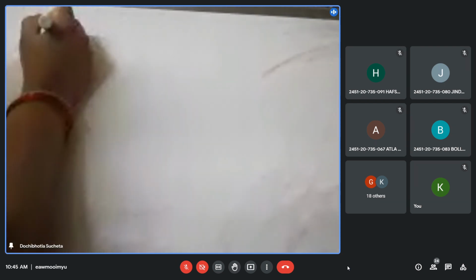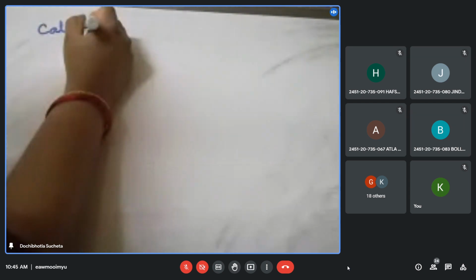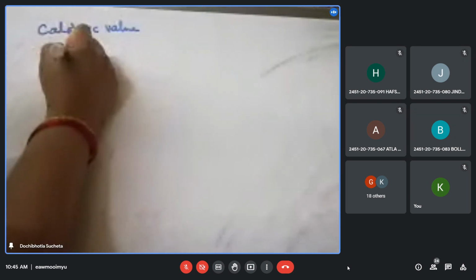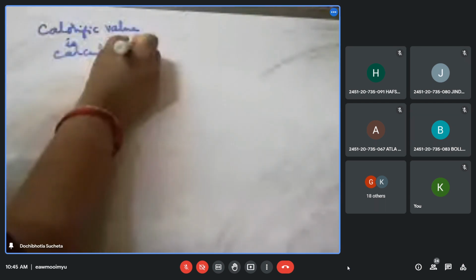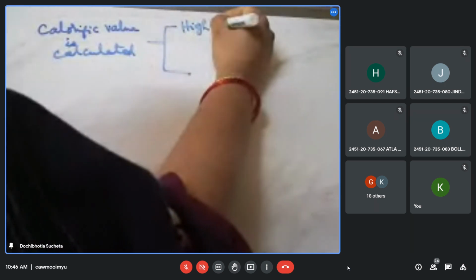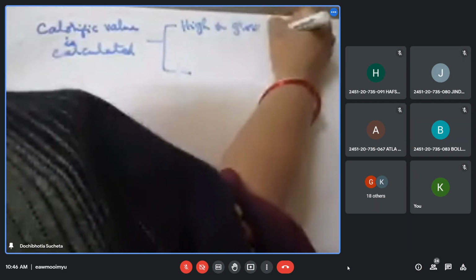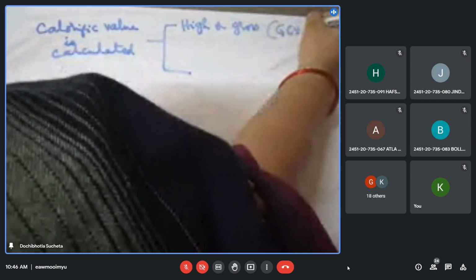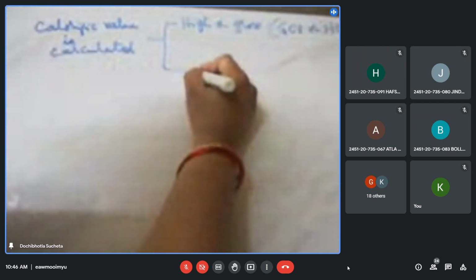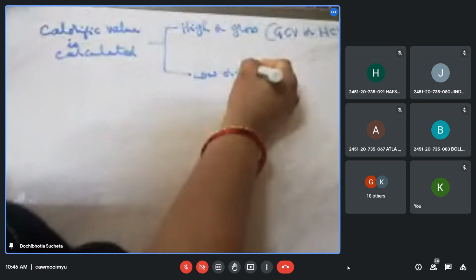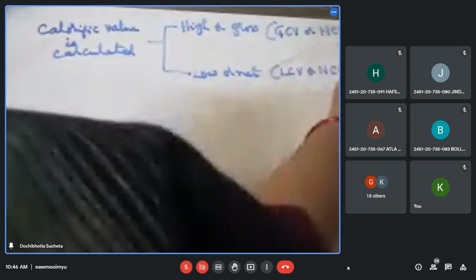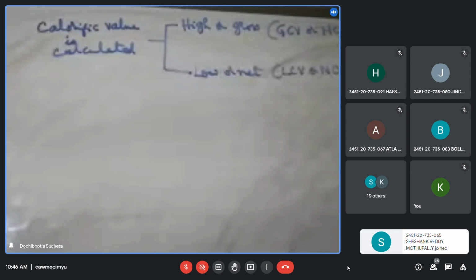So the first one is high or gross calorific value, given as GCV or HCV, whereas the other one is low or net calorific value, LCV or NCV, the abbreviations which are given for the purpose.